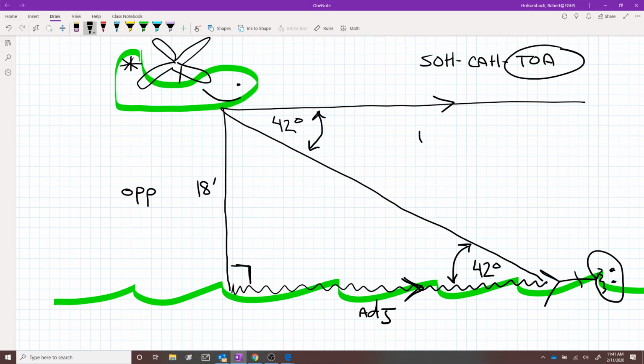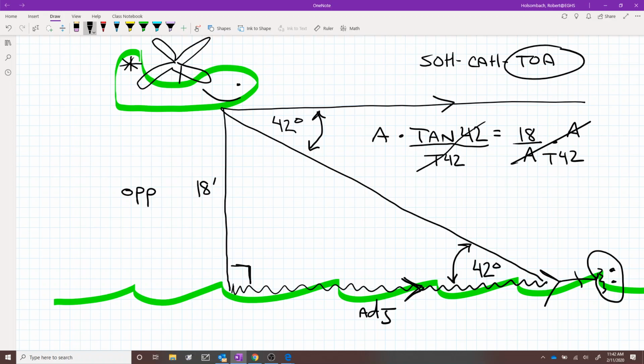So tan 42 equals your opposite side, which is 18, over the adjacent side. I'm using A again. Same steps as the last problem. Multiply both sides by A. These A's will cancel. Divide both sides by tan 42.